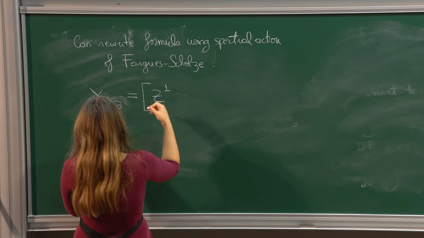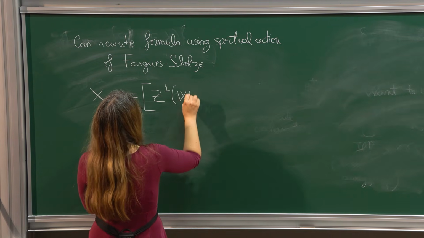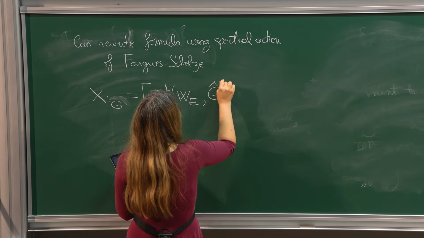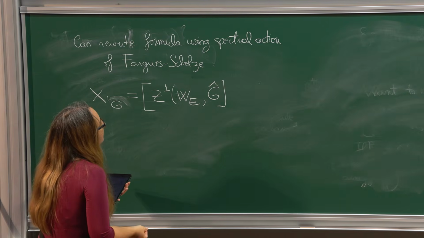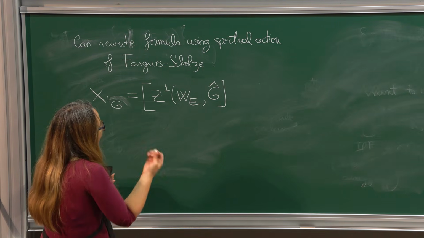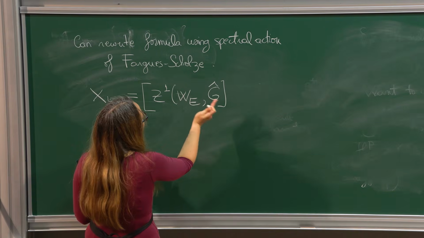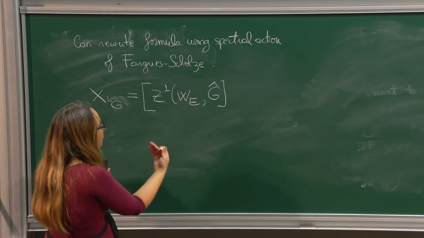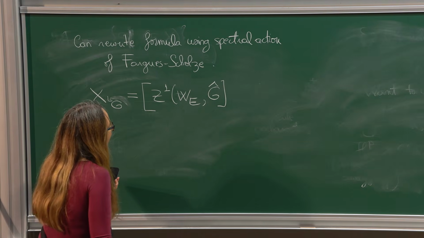And just to kind of compare it to the notation used in the work of Fargues-Scholze, one can think of this as kind of some moduli of continuous cocycles of the Weil group valued in the Langlands dual group of G. And actually defining this continuity in full generality is subtle.